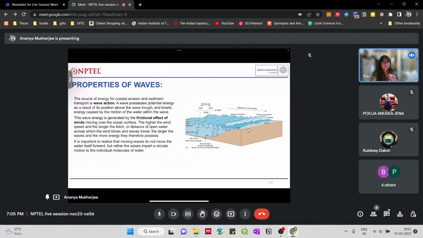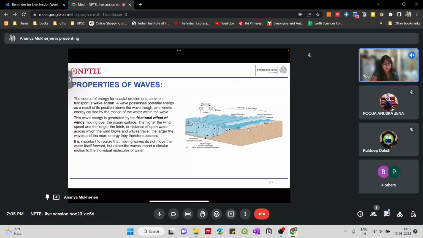Mostly the waves are a result of frictional action between the winds and the ocean surface. If the wind speed is higher, it carries more water over longer distances, and eventually you're going to have more wave action at those places.